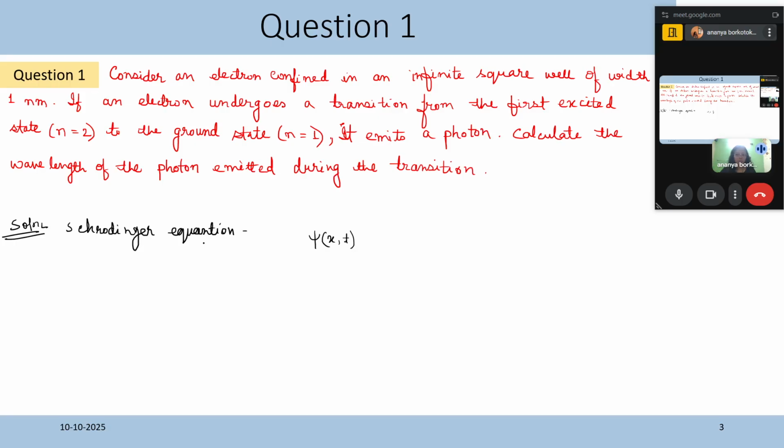We can write the Schrodinger equation using both the space and time dependent components, but we normally take the time independent Schrodinger equation.